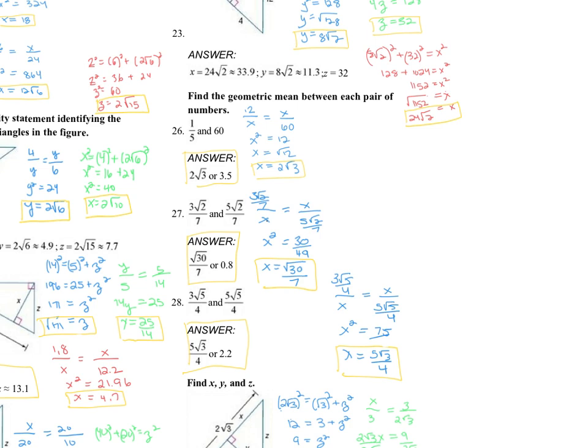Probably doing that part in my head. And then the square root of 75, 25 times 3 becomes 5 times the square root of 3. The square root of 16 is 4.